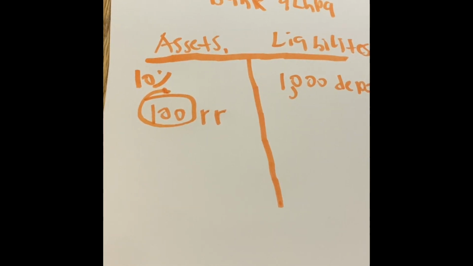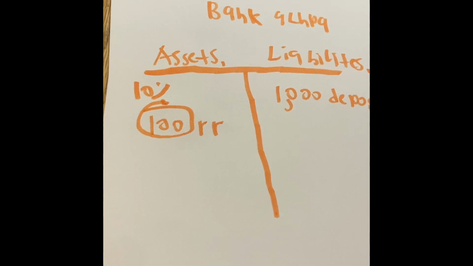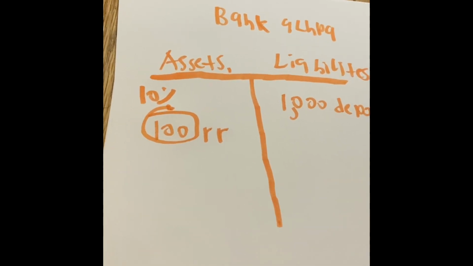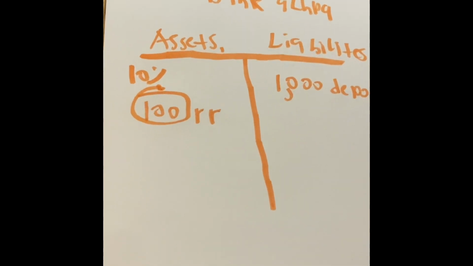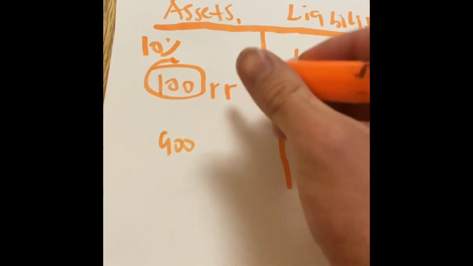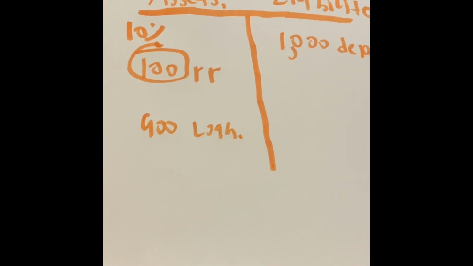If not, then the Federal Reserve and the New York Regional Bank can place charges and penalties. So that is the asset that they have. What they do with the rest of the 900 is loan it. They give it to borrowers who want to borrow money.